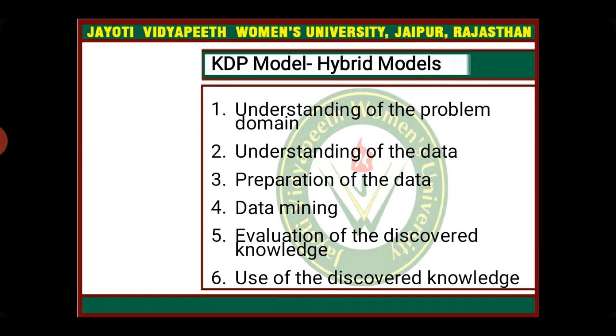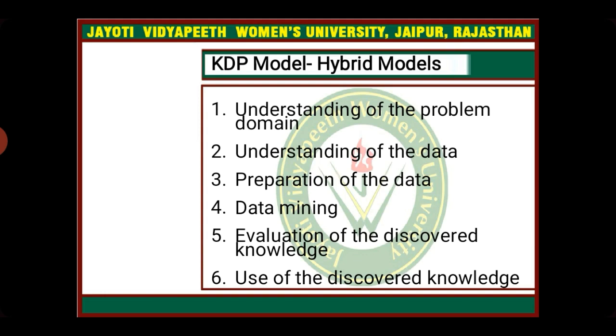First is from understanding of the data to understanding of the problem domain. This loop is based on the need for additional domain knowledge to better understand the data. Second is from preparation of the data to understanding of the data.